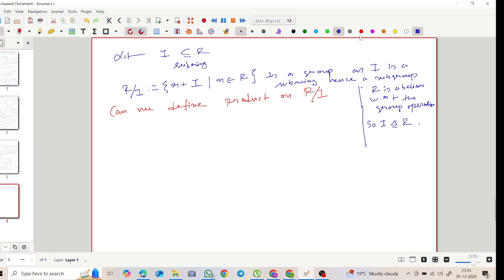So can we define a product on R mod I? So we want to define (r plus I) into (s plus I). The obvious, this should be the definition, right?